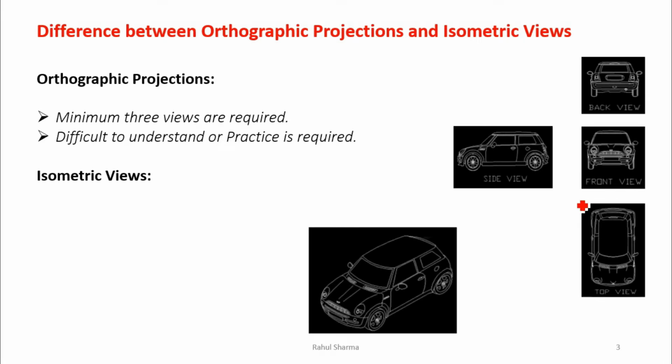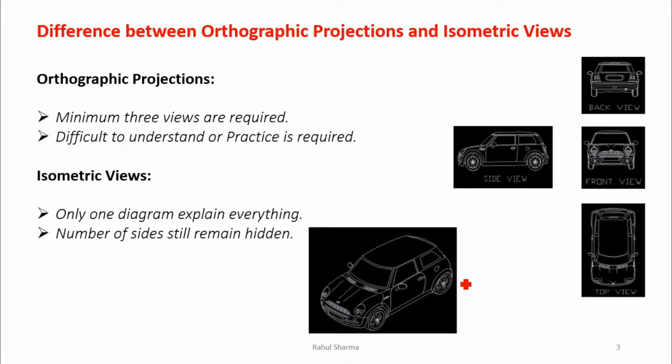Now we will talk about the isometric views. If I say I have drawn this type of car, same car in orthography, now the same car in isometry. So you can see here the car is very much clear to you, how it is looking from front, top and side. So this diagram is giving you all the views in a single diagram. Only one diagram is sufficient to explain the object. A number of sides will still be hidden.